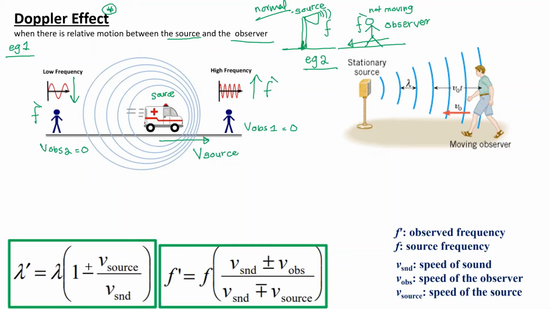So you can think of it like, if the source is coming towards you, the frequency is increasing. If it's going far away, the frequency is decreasing. Okay, so that is one way of relative motion, right? Source is coming towards you or going away from you.